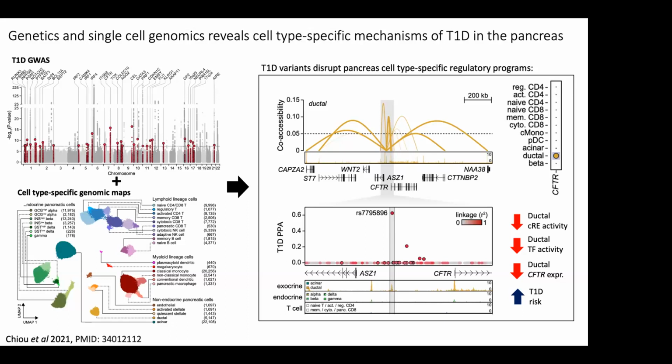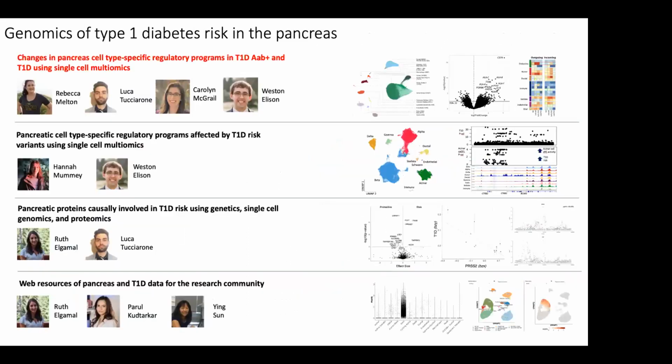And this regulatory element is regulating the CFTR gene. We did further work to establish the direction of effect. In essence, reduced activity of this regulatory element in ductal cells leads to reduced activity of CFTR in ductal cells, which increases risk of type 1 diabetes. So we can combine these genetic data with these genomic data to try to get insight into causal processes of disease.